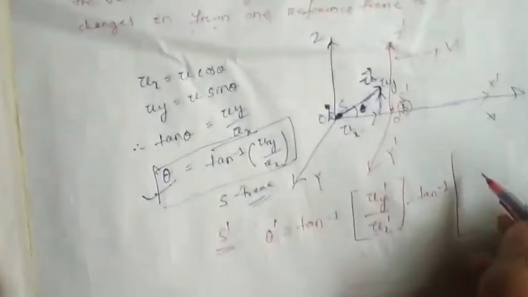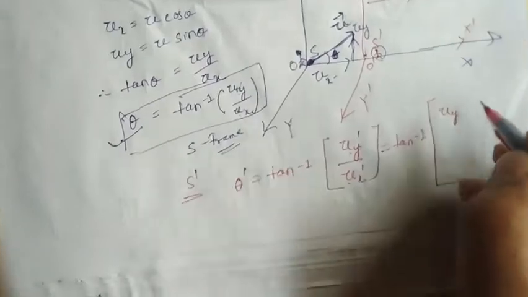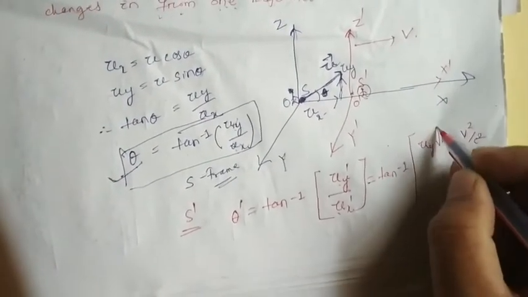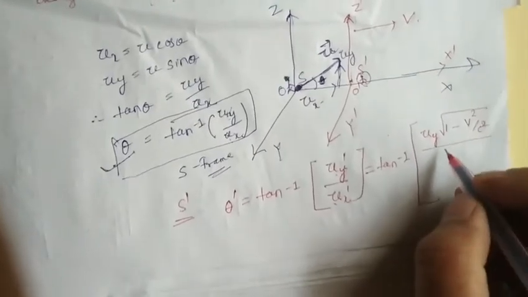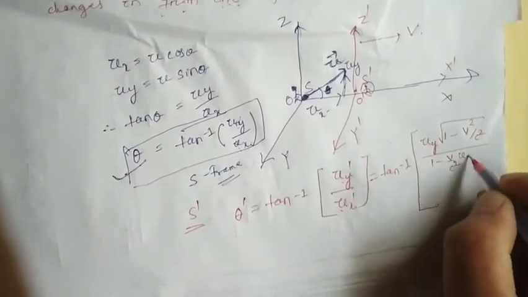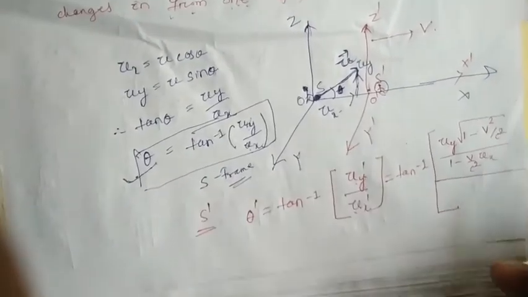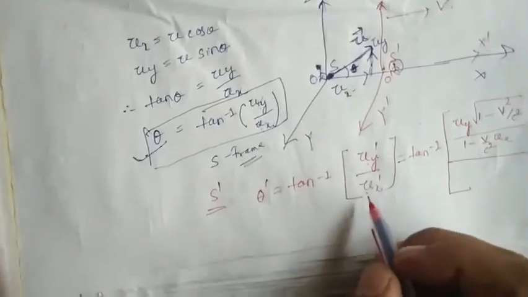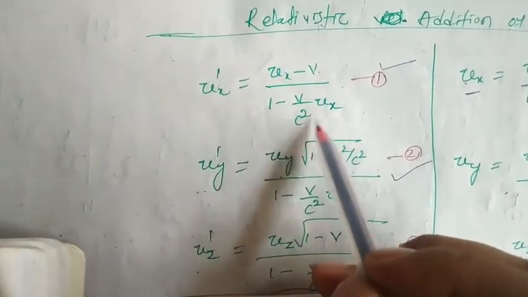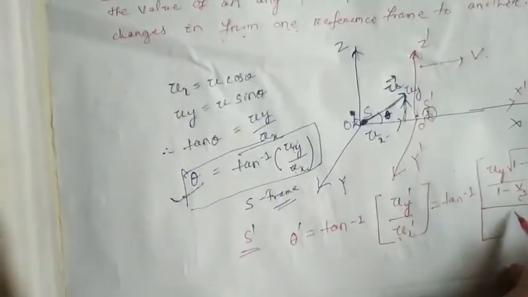That we have to put, divided by ux dash. ux dash is this much: ux minus v, divided by 1 minus v ux by c square, that we are going to use over here.